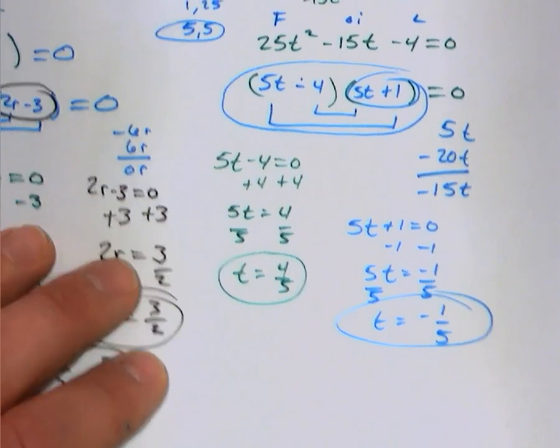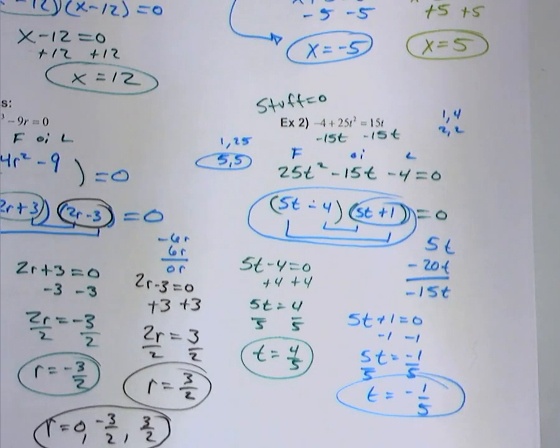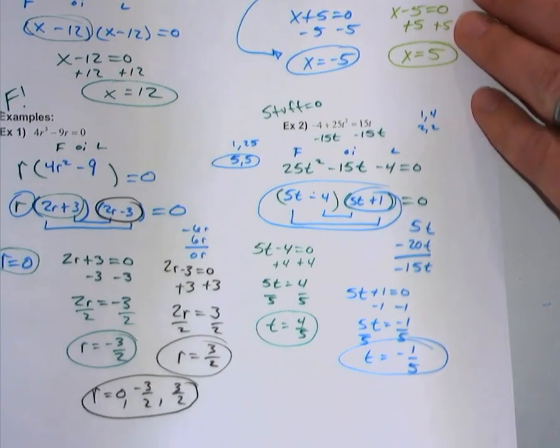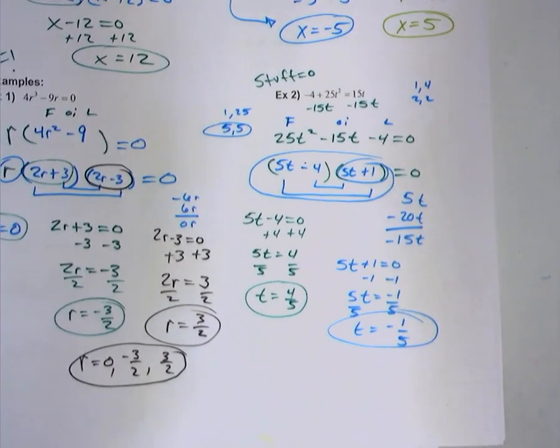Okay. So again, we talked about that's degree 2. That guy's largest exponent is 2. So most of the time, let me zoom out so you can see it all now. Most of the time, when it's degree 2, you're going to see 2 answers here. Again, that's where that parabola, that quadratic, crosses the x-axis. A lot of times that happens in 2 spots.